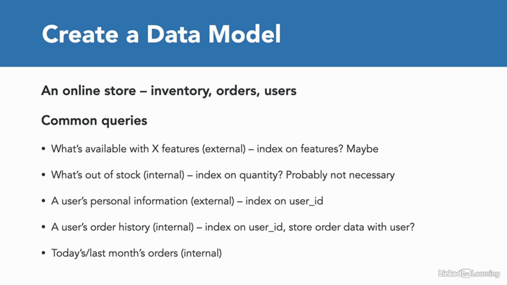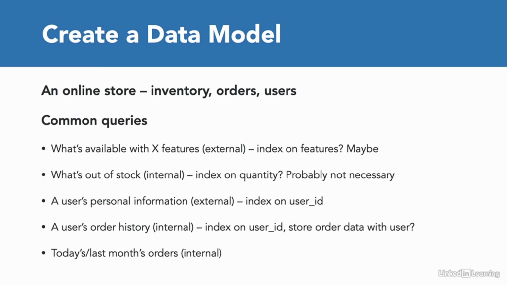There is also an open question here of whether we should store the order data with the user or not. In that case, I would think about what kind of online store that is, and that would be one of the questions I'd ask. Are there going to be a lot of orders? Is this a supermarket where you can expect many very large orders? In that case, I would probably store the orders in a separate collection.